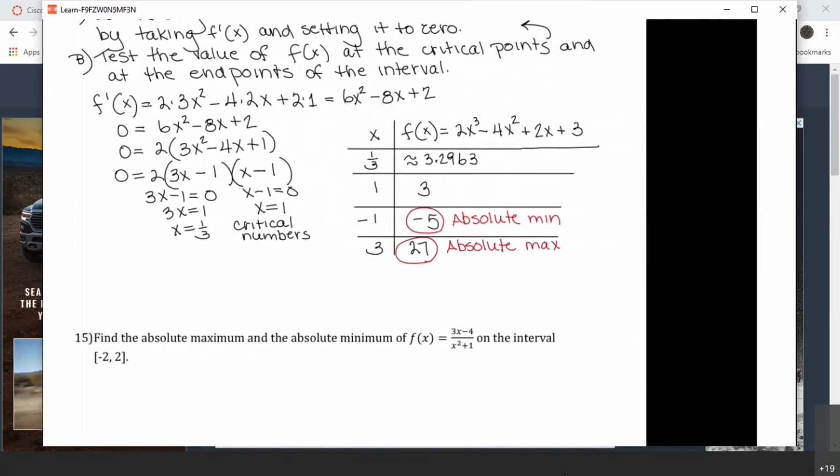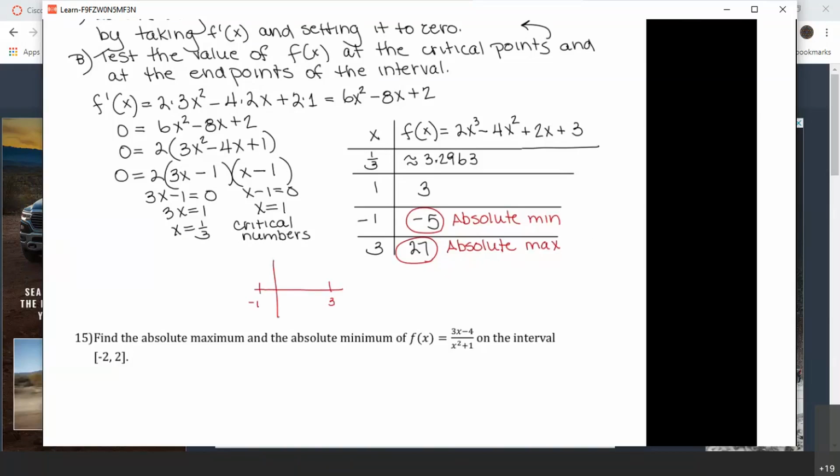So you can see here the two critical numbers we got, the 1/3 and the 1, they're not absolutes. This function actually has its lowest y value at the left-hand point on the interval and its highest y value on the right-hand part of the interval. So it may look something like this, where you've got -1 over here and a 3 over here.